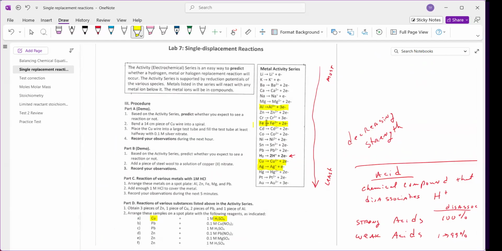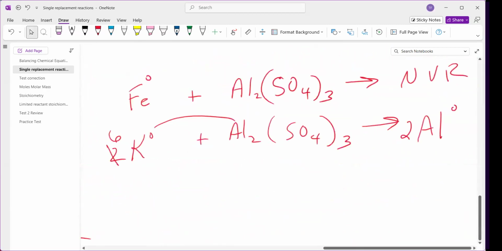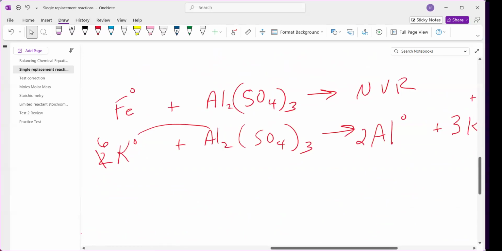Okay. Aluminum is on top, but we're not starting with aluminum metal, we're starting with iron metal. So, right, no reaction. Now, I wrote, instead of NR, I wrote NVR. V stands for visible, no visible reaction. Now, the reason I put the V in it instead of just saying NR is we're going to be working with acids as well.